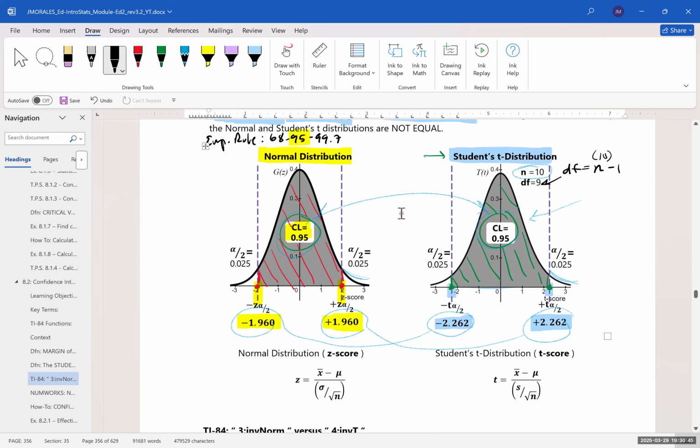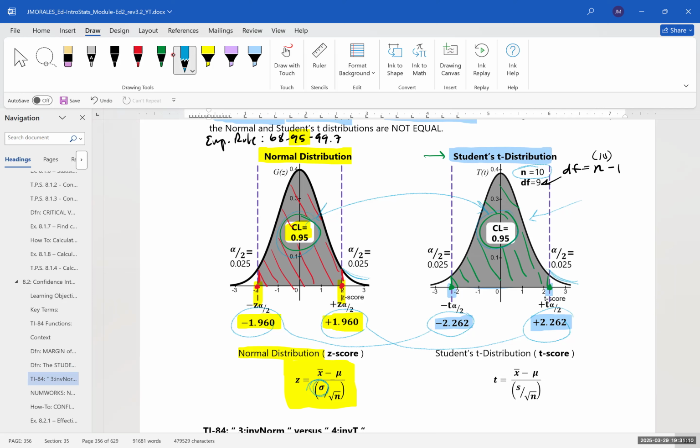So also very similarly, if we calculate a z-score on the normal distribution, that's the formula we use. But notice that to calculate the z-score, we need the population standard deviation.